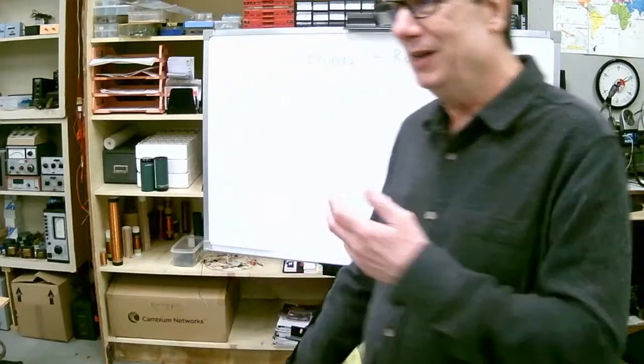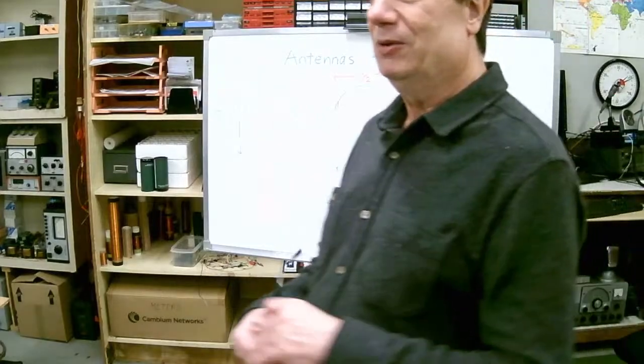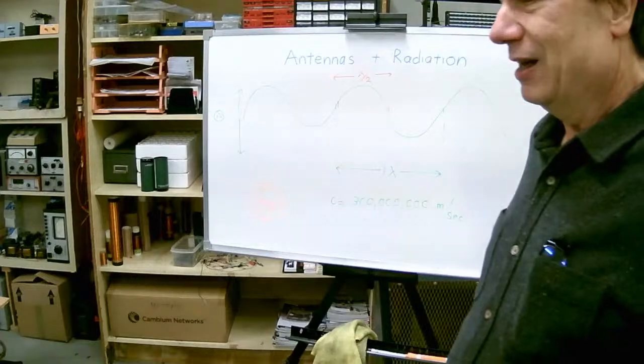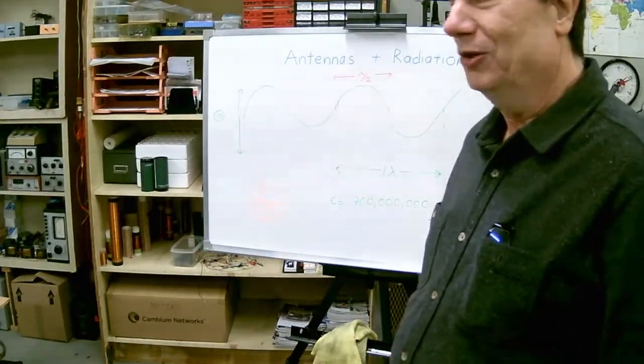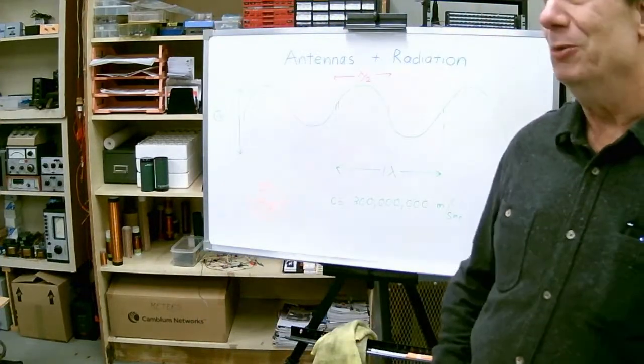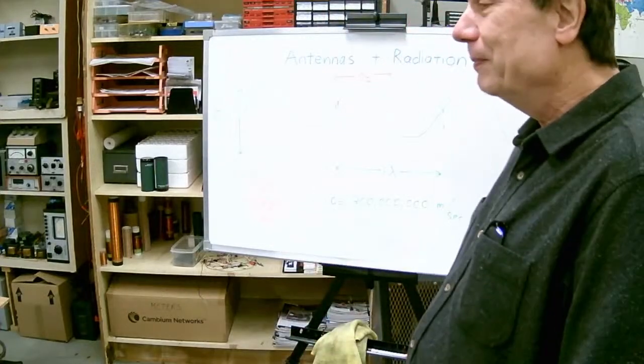Unlike sound, where we need air in order to transmit sound, in electromagnetism you do not need a medium. And several famous experiments, the Michelson-Morley ether drag experiment, basically showed that we don't really have this thing called ether, which had been assumed to be a medium through which light travels for hundreds of years.